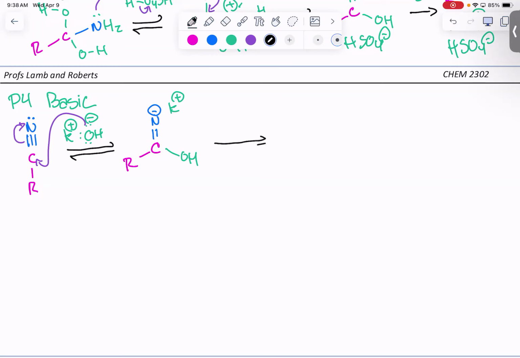So we know the other conditions in this reaction are going to be water. We're going to regenerate our hydroxide throughout this reaction. So we have a negatively charged nitrogen. That means it actually has 2 lone pairs of electrons on it. All right, and we can take the electron density and go ahead and deprotonate water, breaking that OH bond.